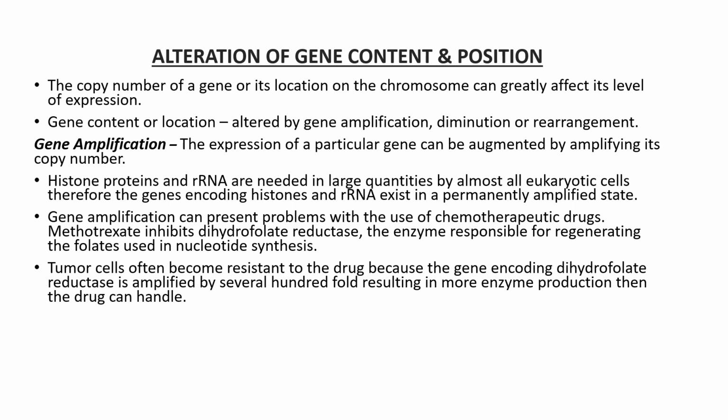For example, histone proteins and ribosomal RNA are needed in large quantities by almost all eukaryotic cells. Therefore, the genes encoding histones and rRNA exist in a permanently amplified state. And such gene amplification can also present problems.